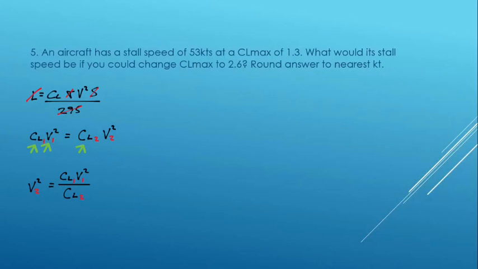Simplify the formula. We can take the square root of both sides. When we take the square root of both sides, we eliminate the squares on the velocities, but put a square root over the coefficient of lift 1 divided by coefficient of lift 2.